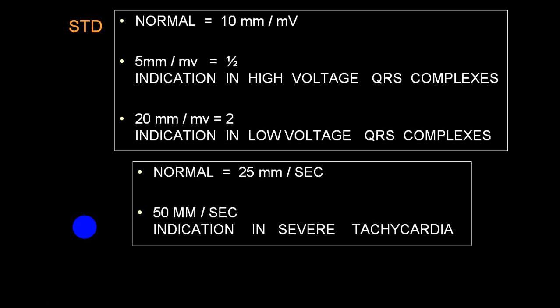So it will increase the RR interval to double the original RR interval. By doing this, you can sometimes differentiate the T wave from the overlapping P wave. This is rarely done. Mainly it is done when the person has a severe tachycardia, but not commonly.